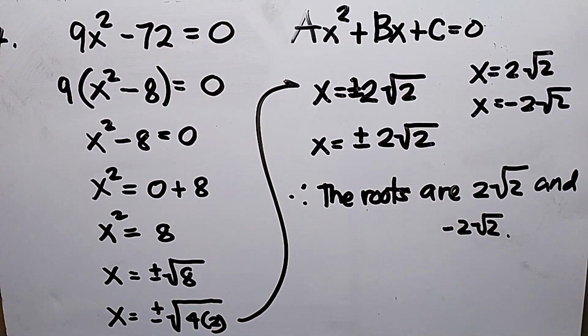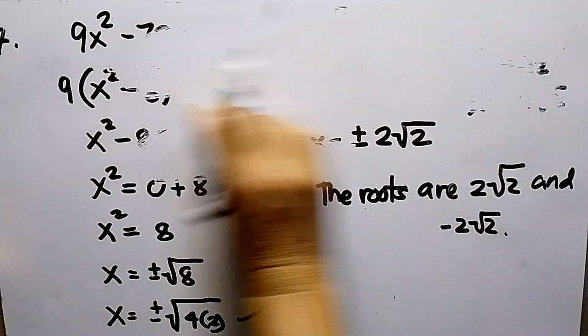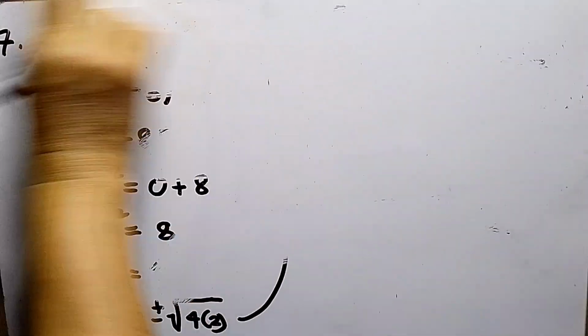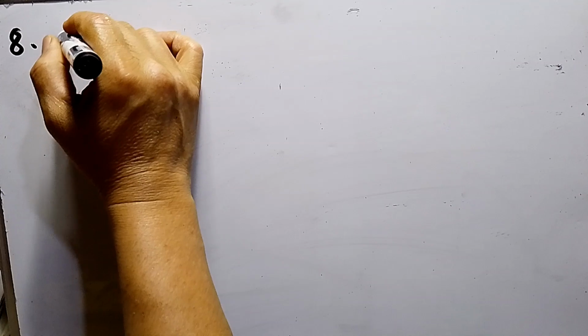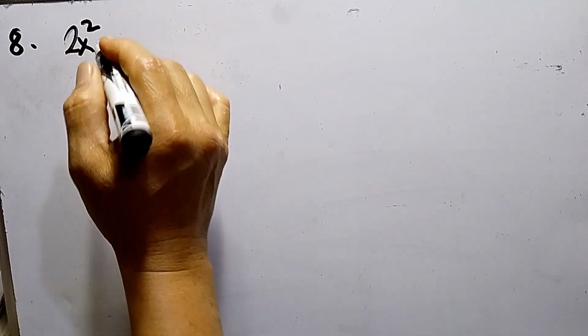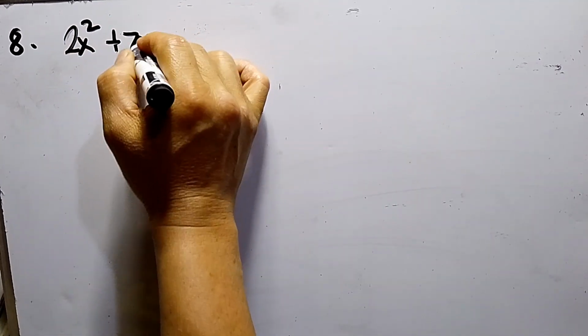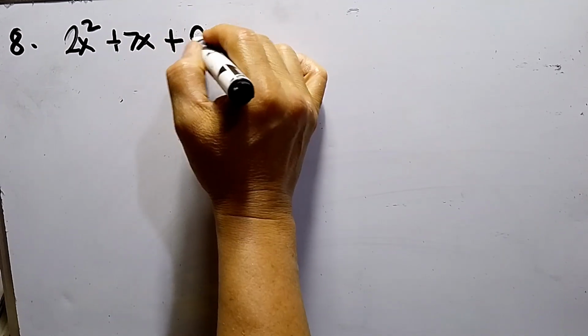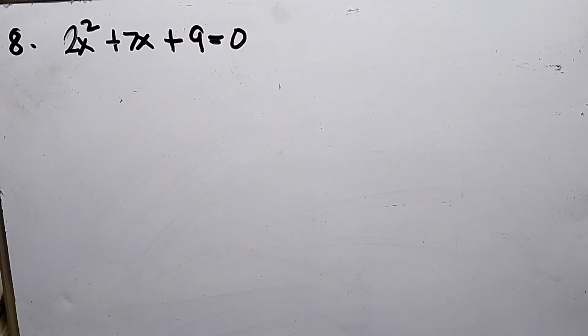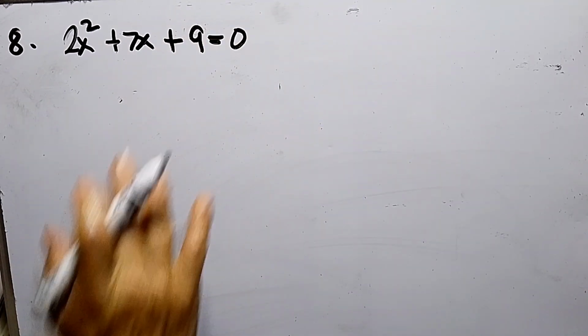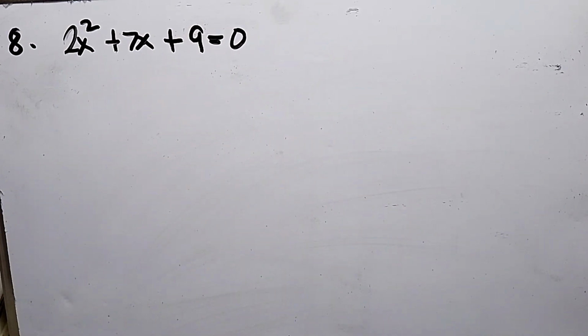Now let's proceed to number 8. Number 8, 2x squared plus 7x plus 9 is equal to 0. So for number 8, we cannot solve this one by factoring. Instead, we will use the quadratic formula.